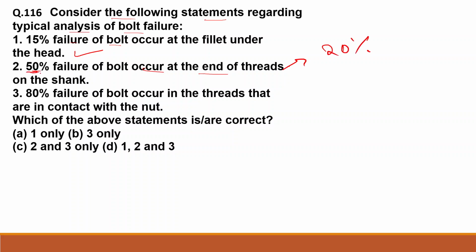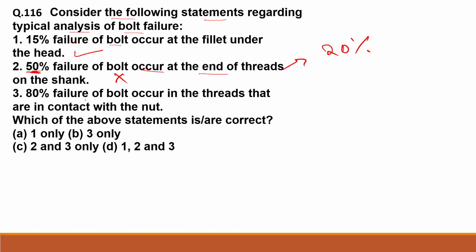Okay guys, you have to write 20% of the failure of the bolt occurs at the end of threads on the shank. That option will be right, and this one is wrong.